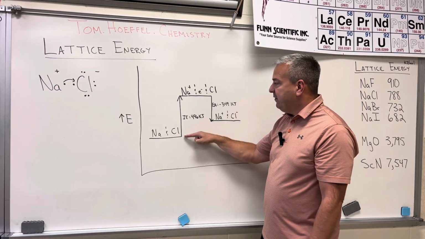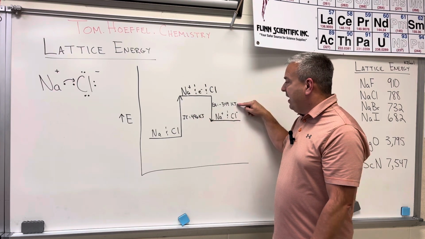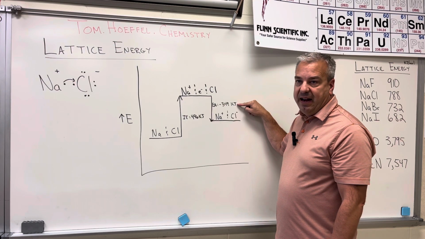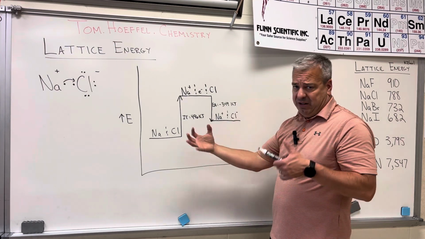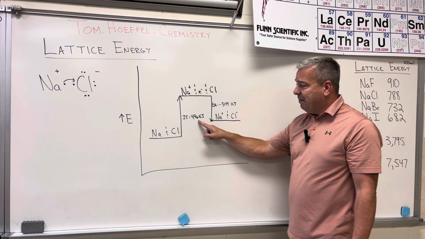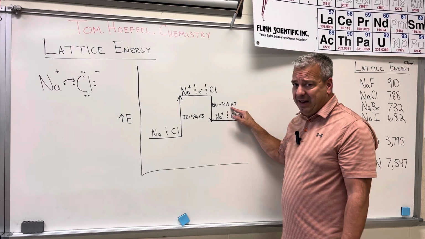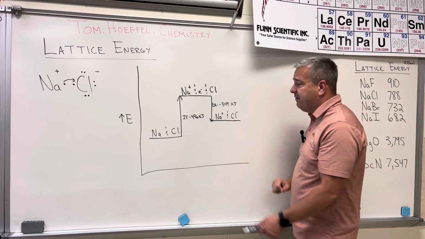Because if we have to invest 496 kilojoules to remove the electron, and we'll only get 349 kilojoules return on our investment, that doesn't seem like a good return, because I don't think I'd be willing to give up $496 to get $349 back. Seems like a bad investment.